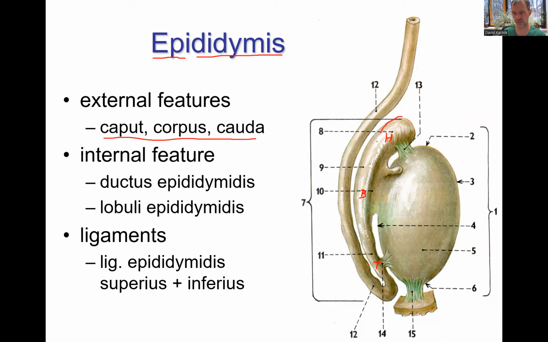Inside, in the head, we have the 10 to 20 ductuli efferentes testis, and then inside the body and tail we have only one called ductus epididymis. It is fixed, as I said, by 2 small ligaments to the testis, superior and inferior ligament.